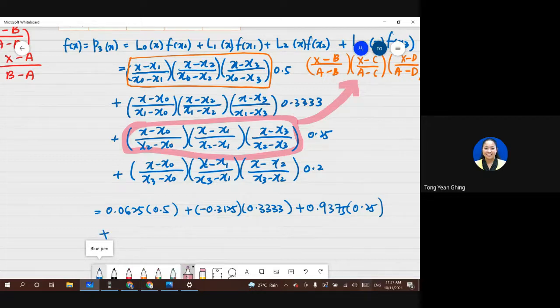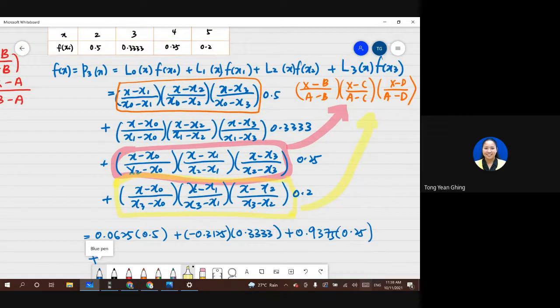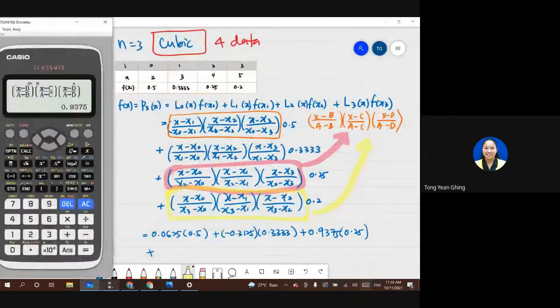This one, the last one. And then again compare with these equations and then calculate again. X is still 4.5. Now b, look at here. b is now x0. So x0 is 2. So a, look at here. a is x3.